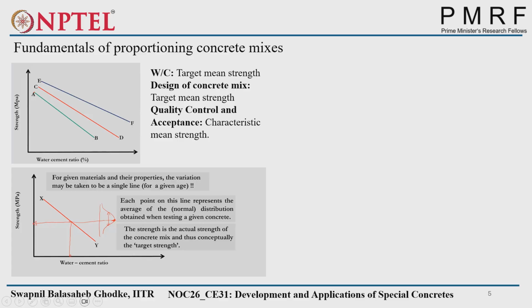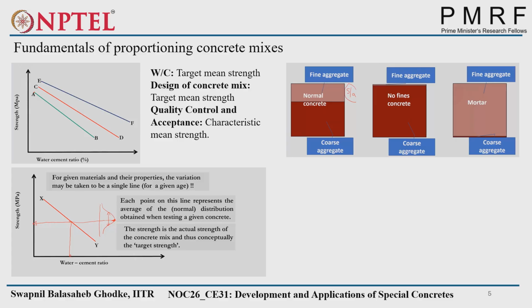You see, this is the normal distribution, and the target mean strength is one point here. For a different type of concrete, that is the target mean strength of that point. We join those points and get this line, and based on this we can get the relation between water cement ratio and strength. So strength is directly dependent on the water cement ratio. The next parameter is sand to aggregate.